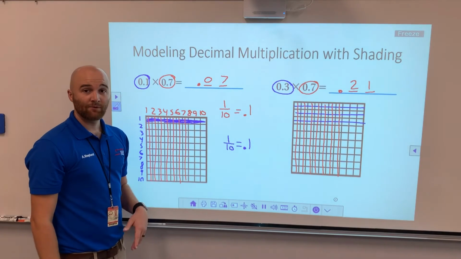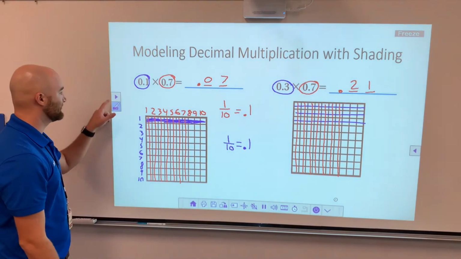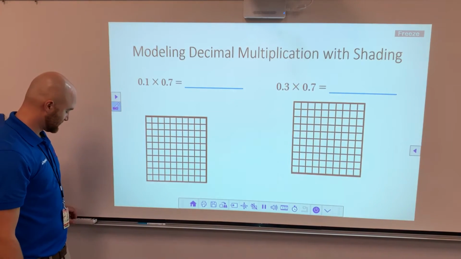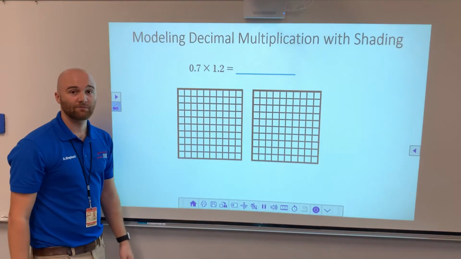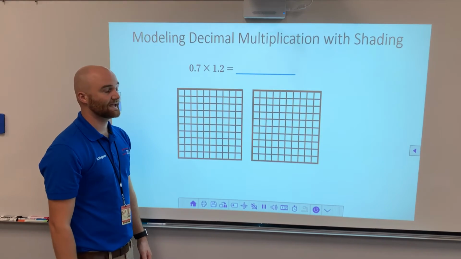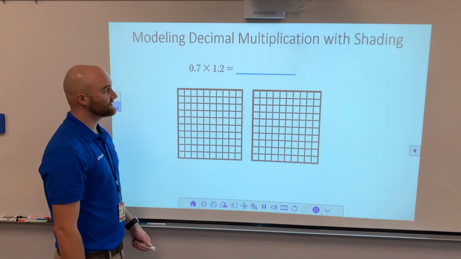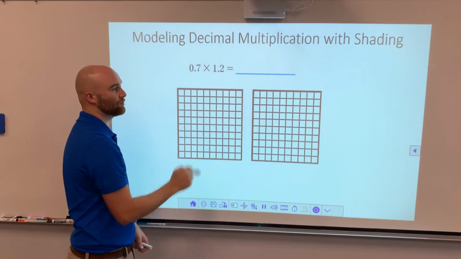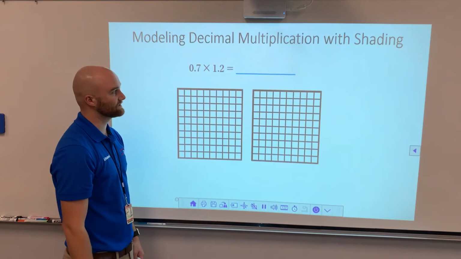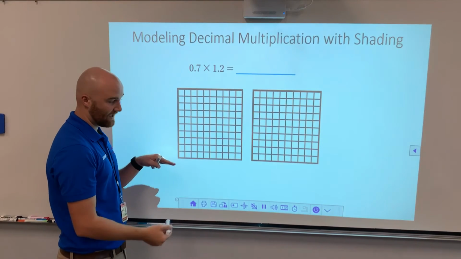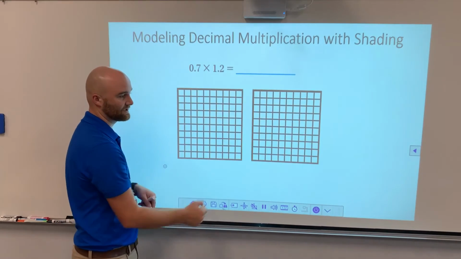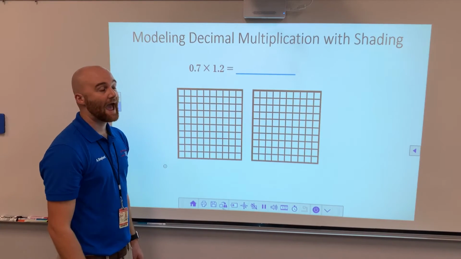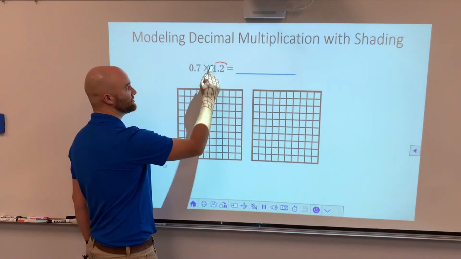This sometimes gets a little more complicated when I add in a decimal number that also has a whole to it. So let's look at what happens if I have to multiply a decimal number times something that has a whole to it. The first thing I'm going to notice is that I've got 7/10 times 1.2, or 1 whole and 2/10. Because I don't have some extra hundred squares down here, it's already decided, the way this problem is set up, how I have to mark the 1.2.